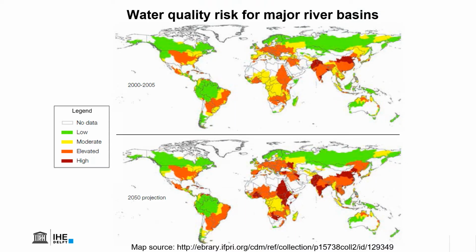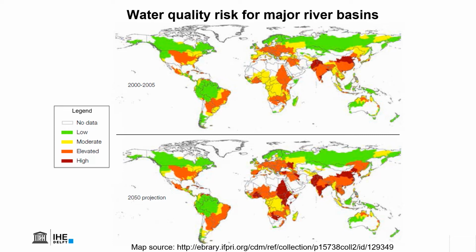In this figure are two global country maps. Both show the risk of major river basins to nutrient pollution from the excessive inputs of nitrogen and phosphorus to surface water. The map at the top is for the years 2000 to 2005.